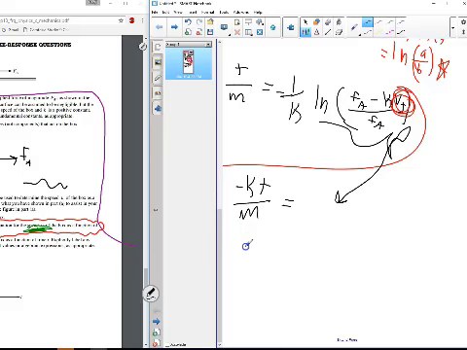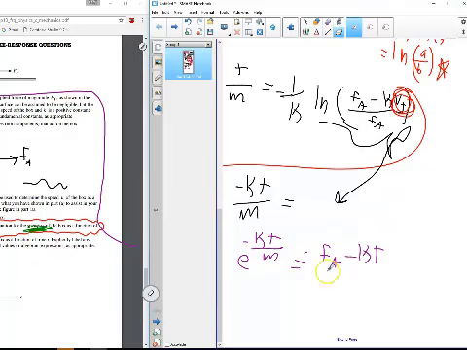Well, remember what I said about how we always have e to the power of something? Well, there you go. That's all we need to do. I'm going to use purple. E to the power of negative kt over m is equal to f sub a minus kvt. I'm sorry.